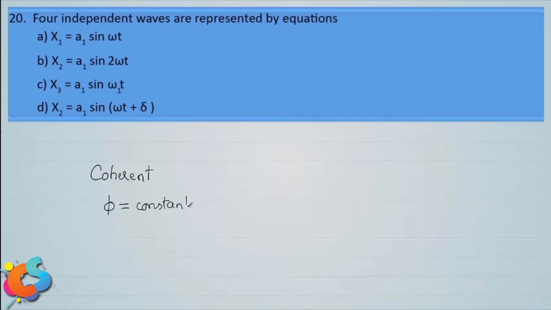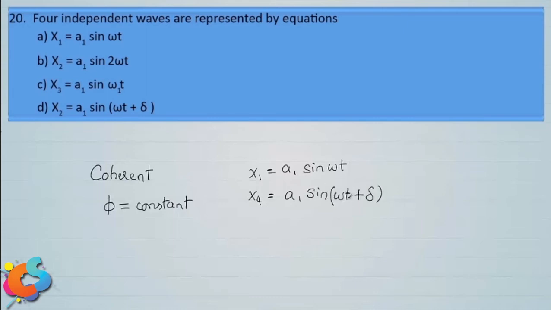So look at the given four different equations and you can find that a constant phase difference is maintained between 1 and 4. Have a look at equation 1, that is x1 is equal to a1 sine omega t, and x4 is equal to a1 sine omega t plus delta.